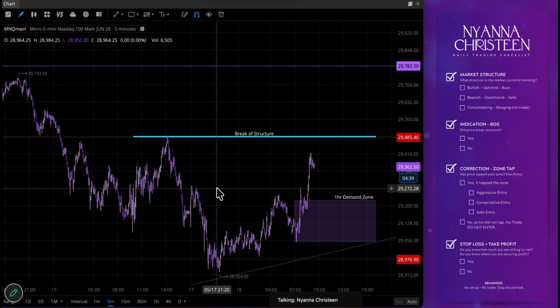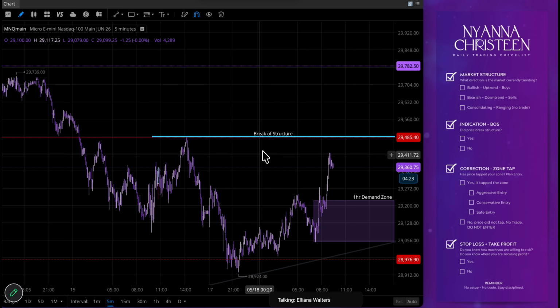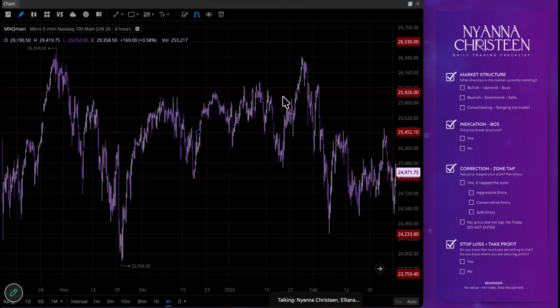How do you get the two red lines on your chart? How do I get it, or how do I know where to put it? The red line in the middle where you have the break of structure, is that one that you put, or is that already on the chart? No, I put these lines. Oh, okay, because on mine it's only one.